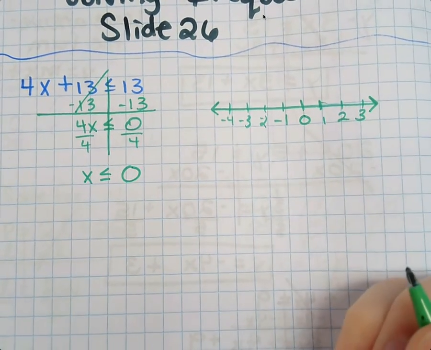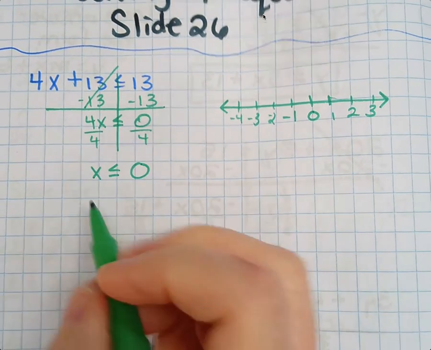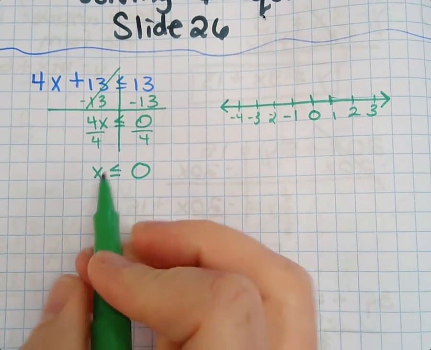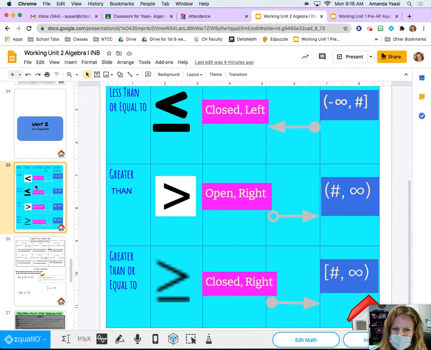And let's write the description of how this number line is going to be graphed. It's less than or equal to, so if we need to, we can go back to this slide over here. Less than or equal to, so it's going to be closed and left. So I'm going to write that out.